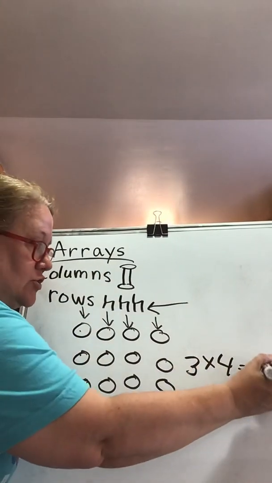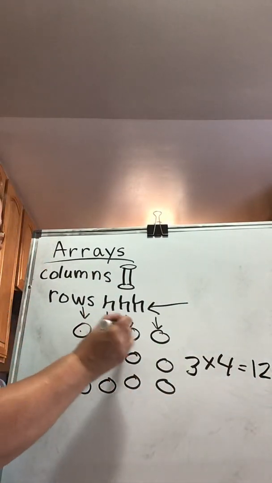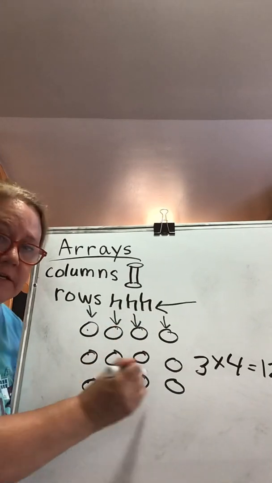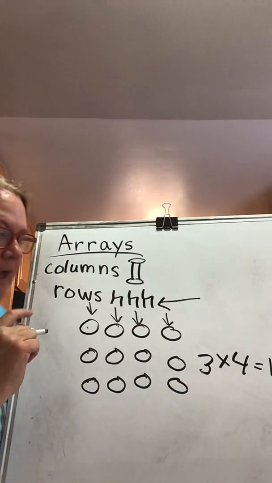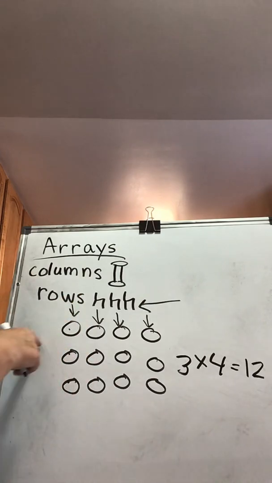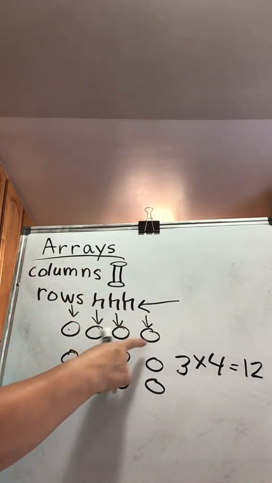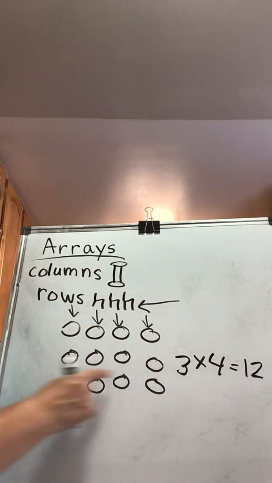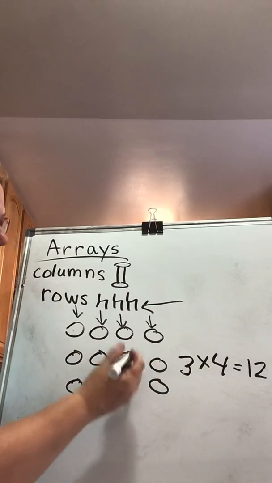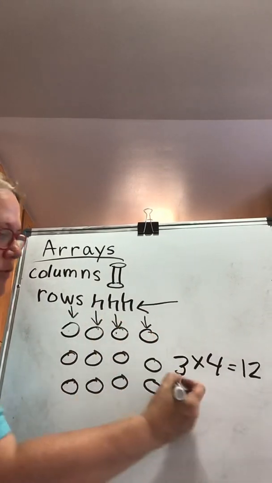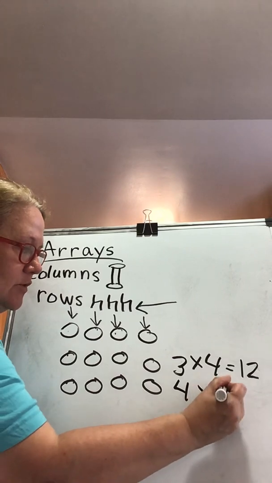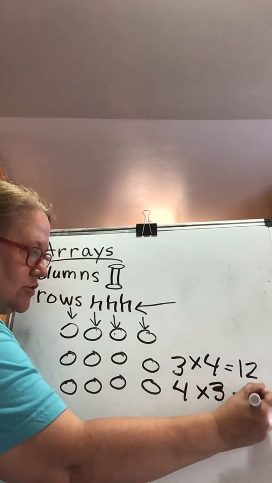Okay, and we already know it equals 12. If I count all of them, 1, 2, 3, 4, 5, 6, 7, 8, 9, 10, 11, 12, it equals 12. I can also count my rows. I've got 1, 2, 3, and in each row is 1, 2, 3, 4. So if I count by 4s 3 times, it equals 12.